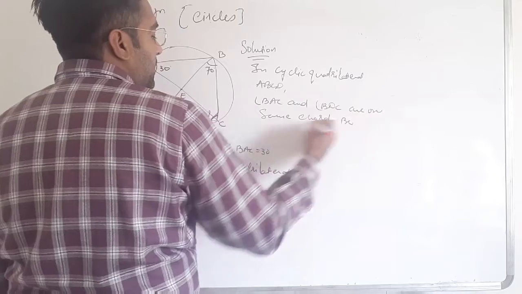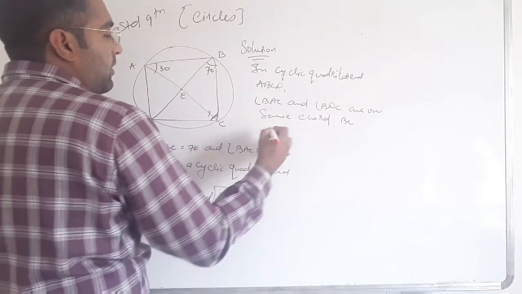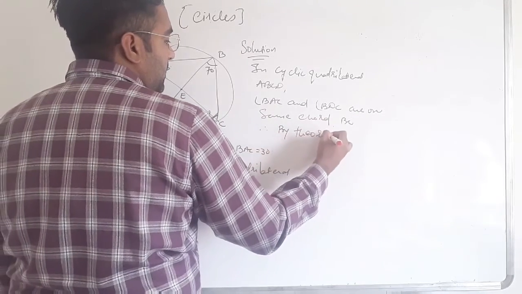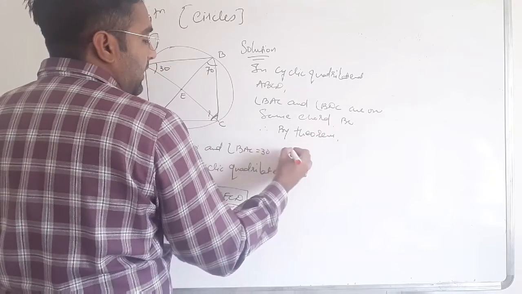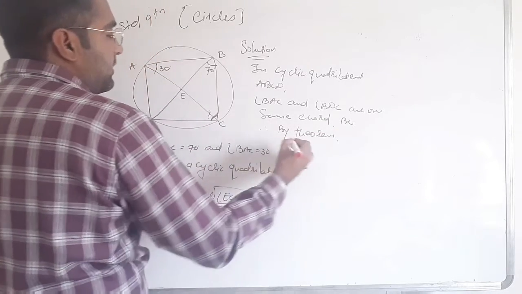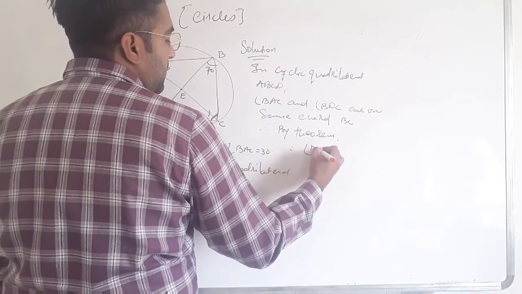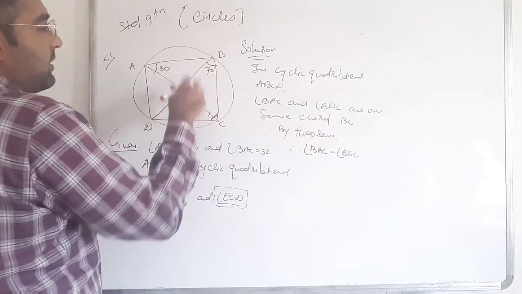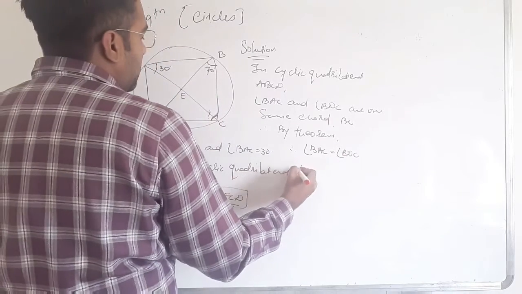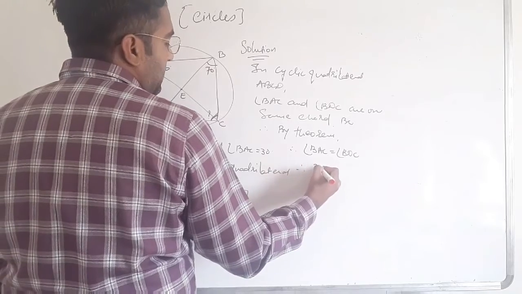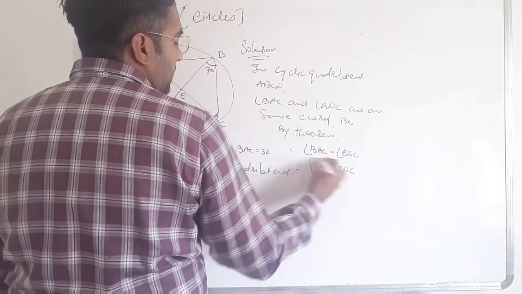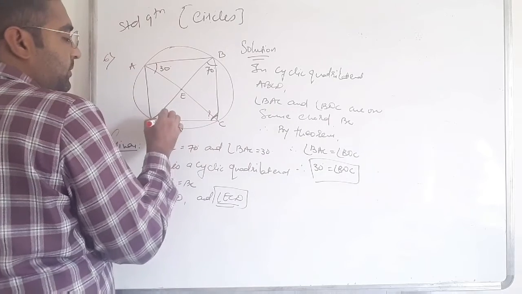So therefore by theorem, angle BAC is equal to angle BDC. So therefore BAC is 30 degrees, then angle BDC is also equal to 30 degrees. Clear that?